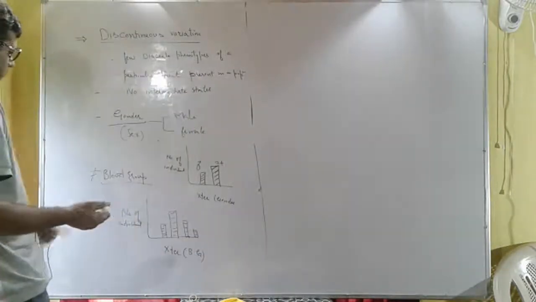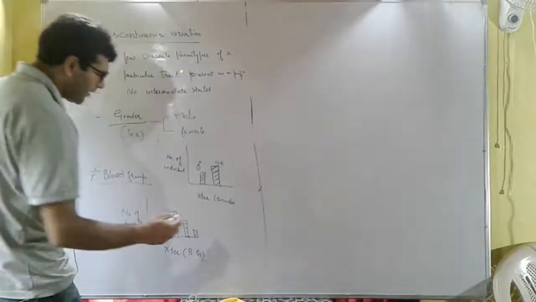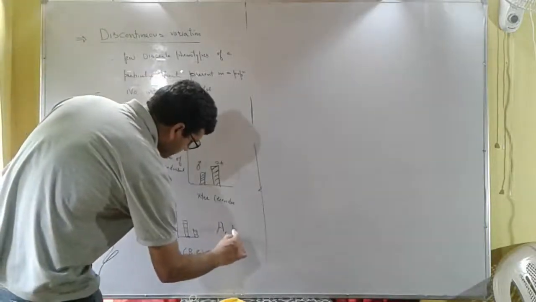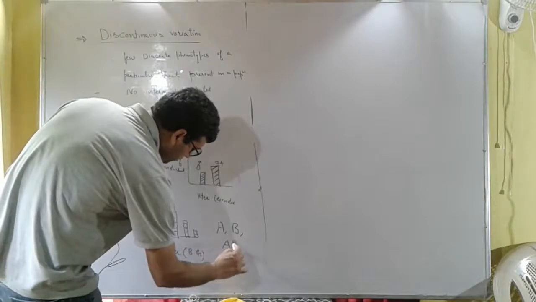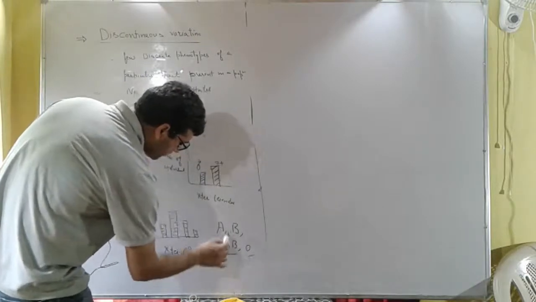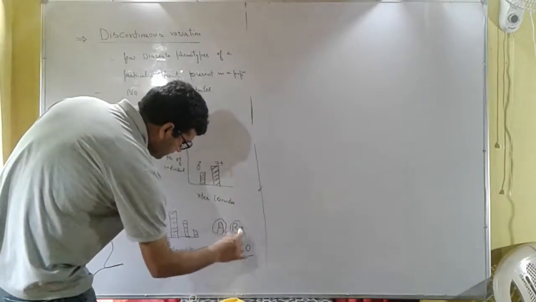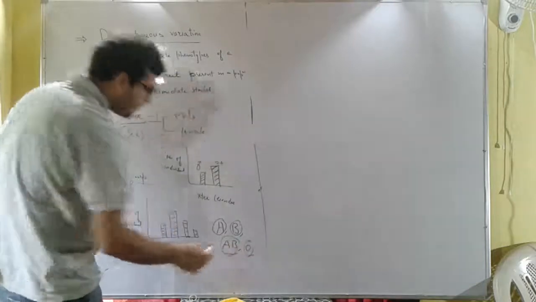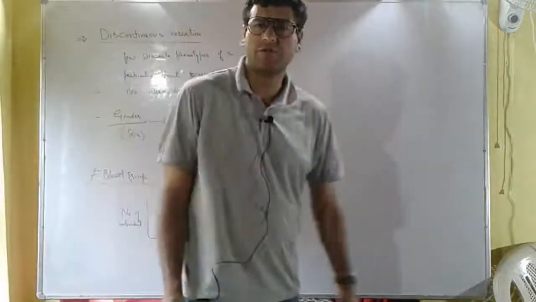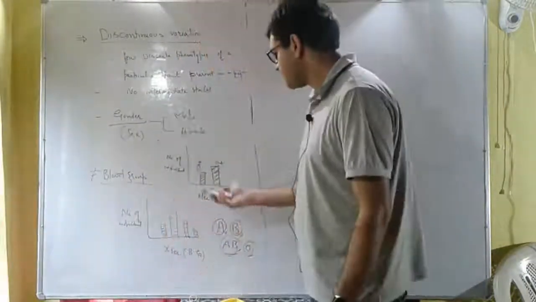So in the blood group system, an individual can have A, B, AB or O blood group. There are no intermediate states or categories in discontinuous variation.